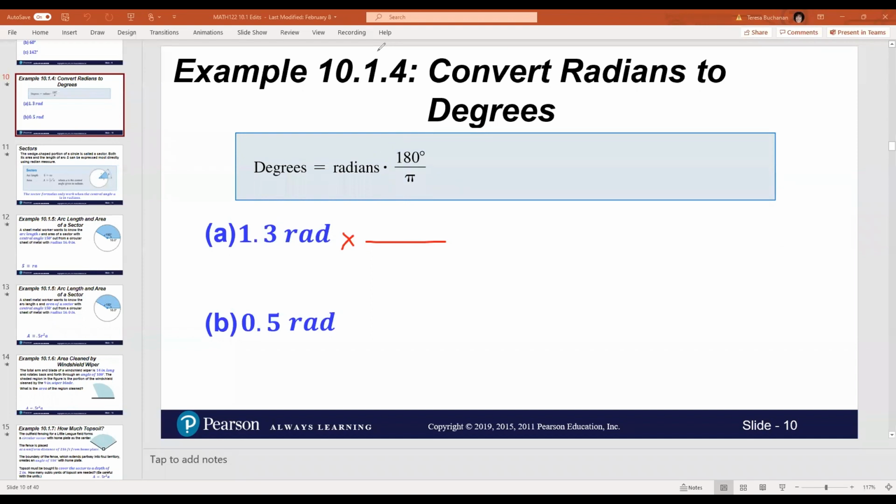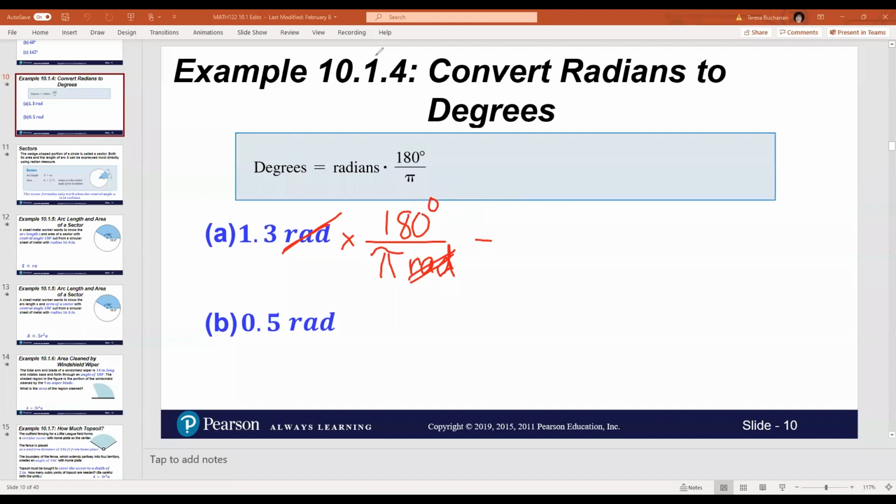So I'll write it this time just so that you see I'm saying that pi is a radian unit. I want the radians to cancel. So I'm putting the radians in the bottom, so they cancel with the radians I have in the numerator. And I'm left with degrees, which is what I'm trying to get to.